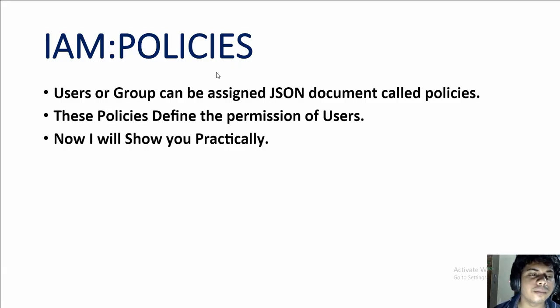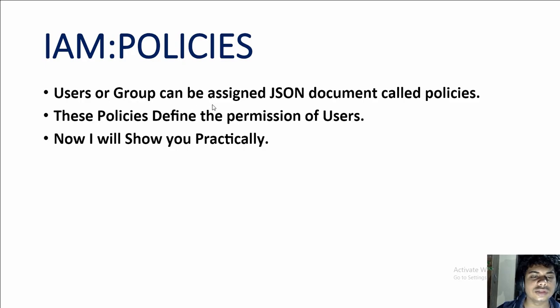Now talking about IAM policies. A user or group can be assigned permissions using a JSON document. JSON is a language, not a programming language, but a language. JSON means JavaScript Object Notation. A JSON document is called a policy. You can write a JSON document, and I will show you in the AWS account, no need to worry.